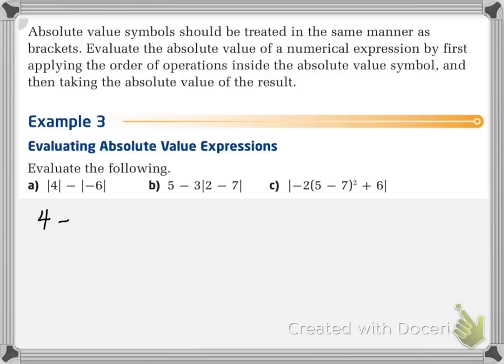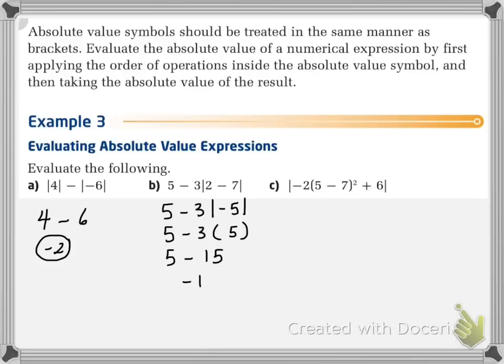That means we're going to have 4 minus 6, which is -2. In our second one, we've got 5 minus 3 times the absolute value of 2 minus 7. So the absolute value of 2 minus 7 is going to be the absolute value of -5. So this would be rewritten as 5 minus 3 times +5, and 5 minus 15, which is -10.